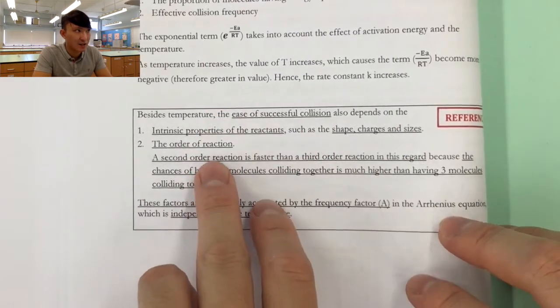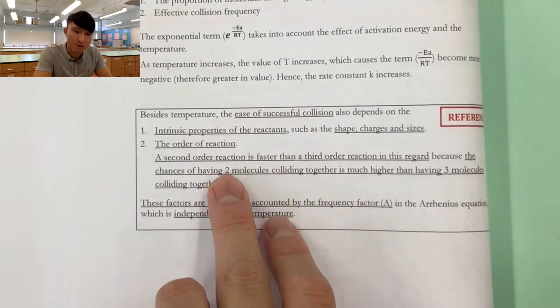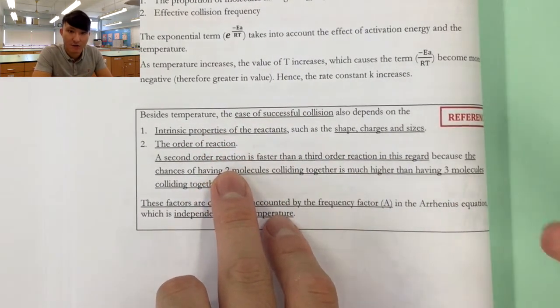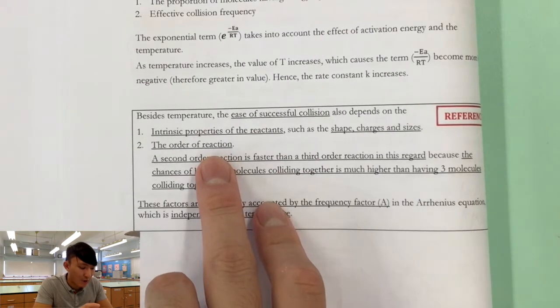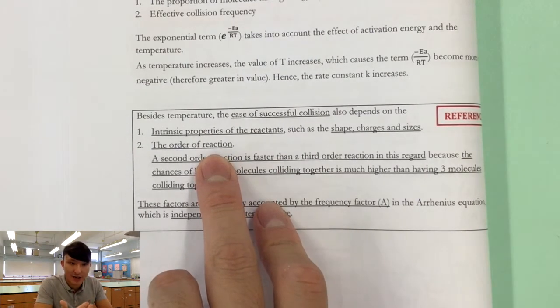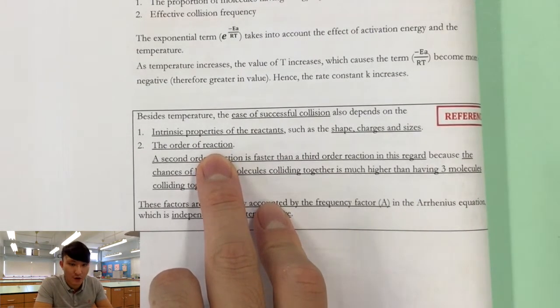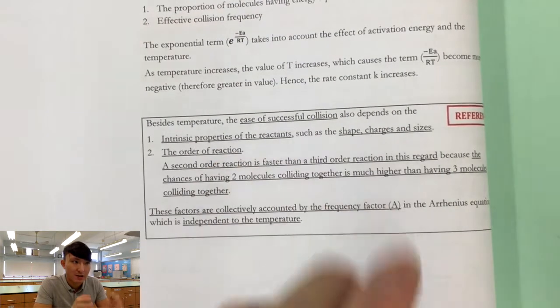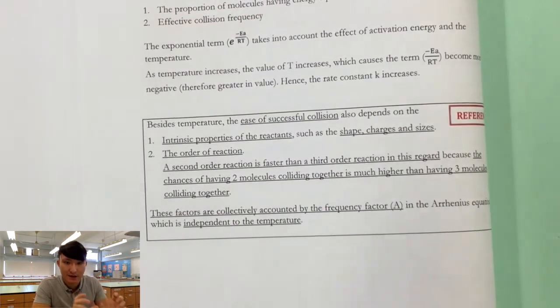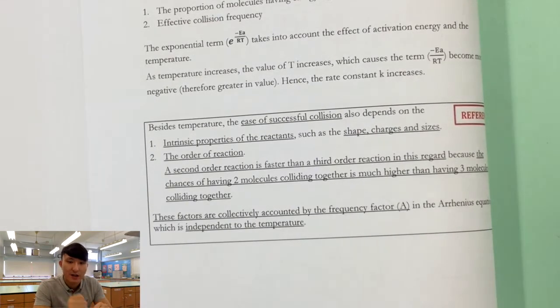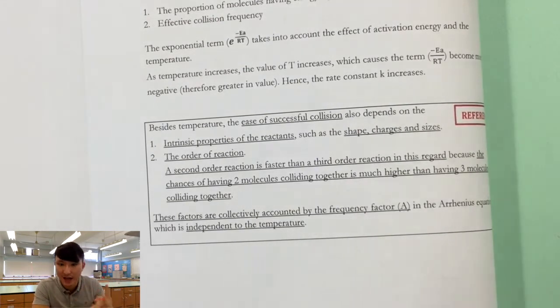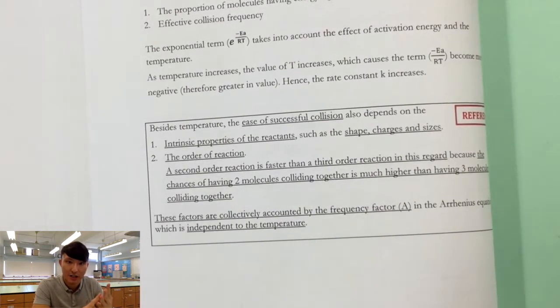And the second one is the order of reaction. Do you remember that I have mentioned that a third order reaction is very rare? Okay. The reason is because when we have a higher order reaction, like third order, fourth order, fifth order, we are talking about the rate determining step involving many particles colliding on each other at the same time with sufficient energy and as well as hitting with the proper orientation.